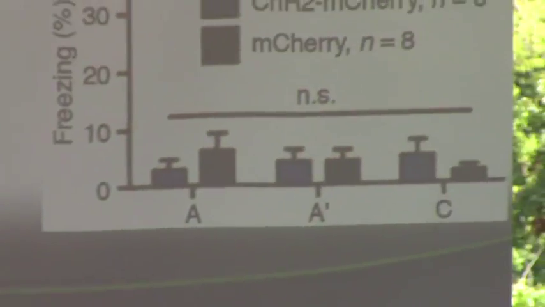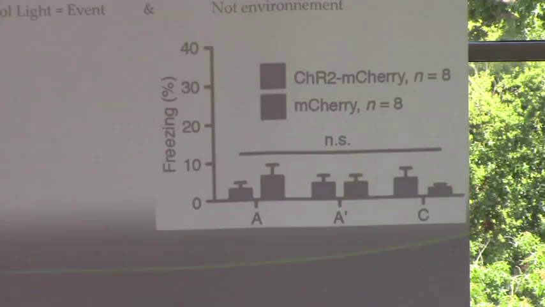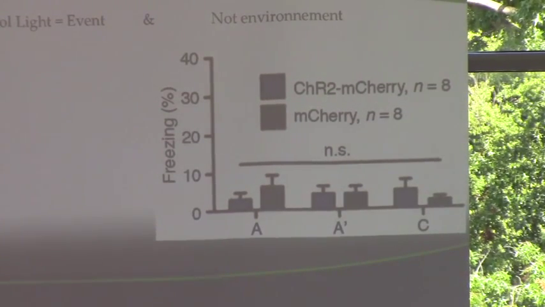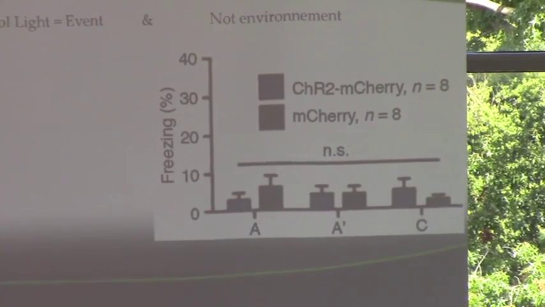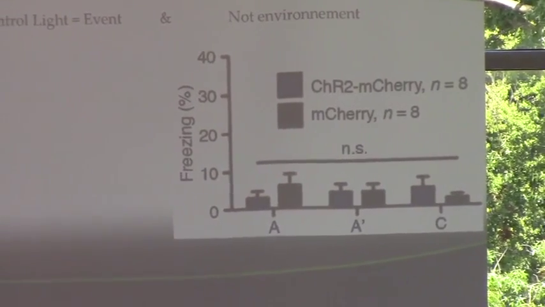And now we just control the freezing. If you switch on the light on another structure of the environment, we can see no freezing. It's just to validate the activation of the fear behavior, finally.